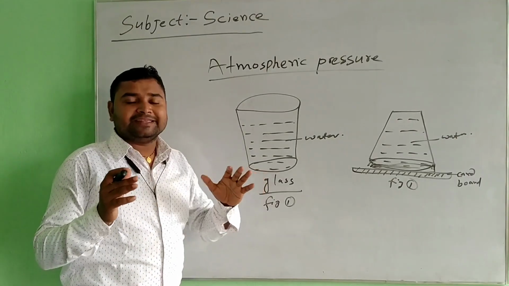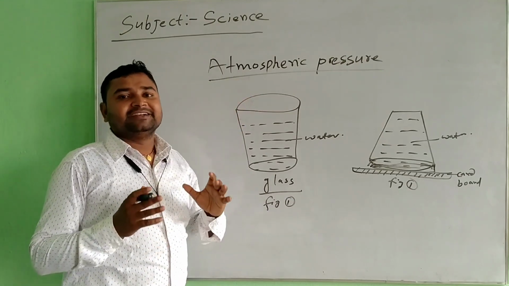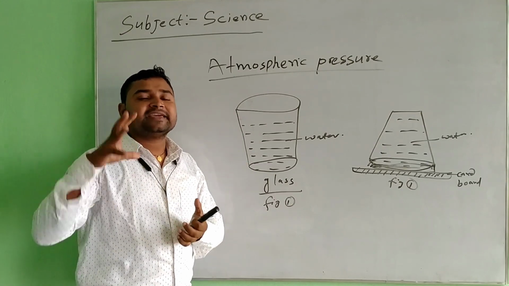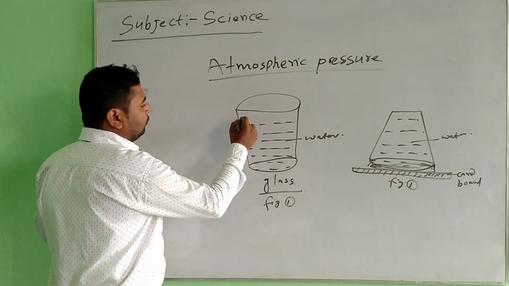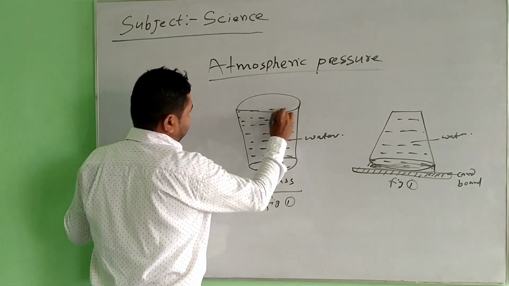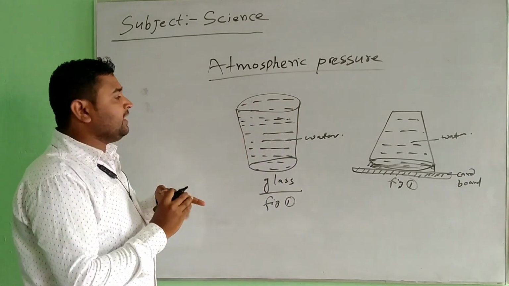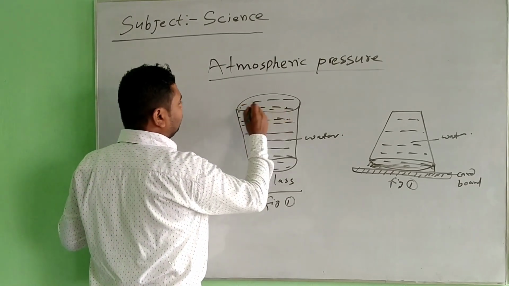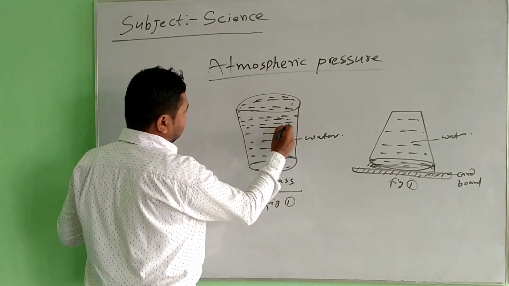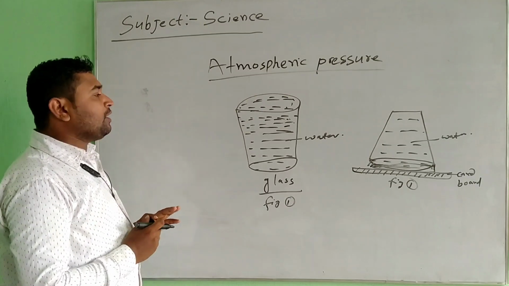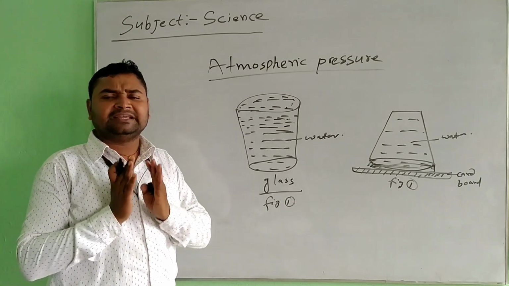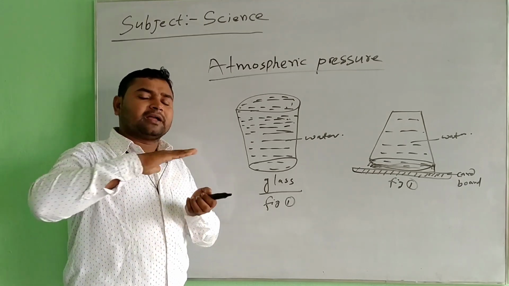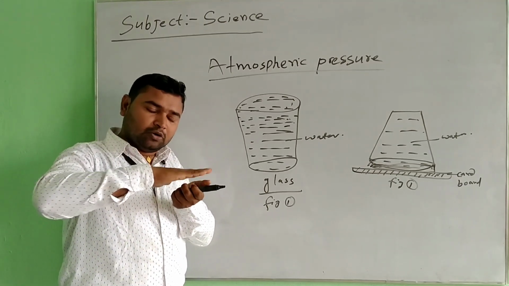Just take one example of atmospheric pressure. Take a glass and fill it with water. Just as you have seen here, I have taken one glass and filled it completely with water. Now you have to take a thick cardboard and cover the glass from above.